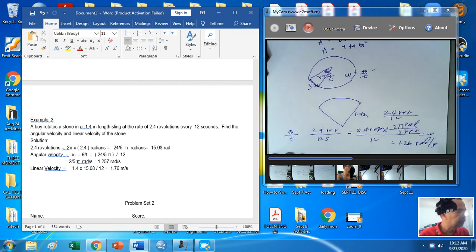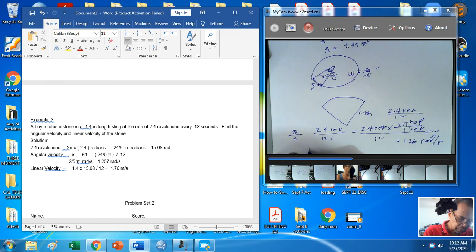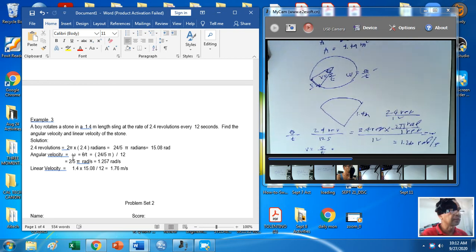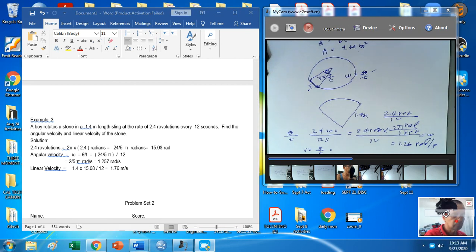Ang tinatanong, what is the linear velocity? Linear velocity is just s divided by time. Now, what is the s traverse? So, ano yung theta na tinreverse niya? Since s is r theta, right? Over t. So, this is r.